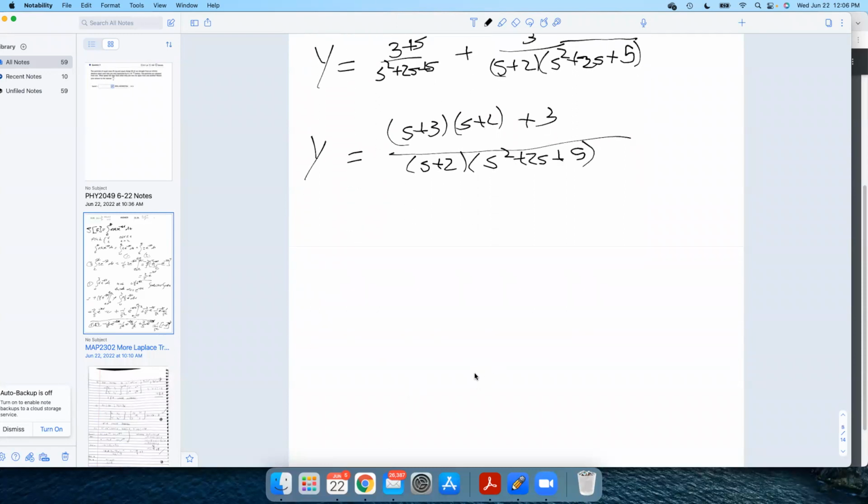Okay, I guess we can go ahead and clean that up on top there. We're going to get an S squared. We're going to get a 5S, 2S plus 3S, so a 5S. Yay, we got another 5 in the problem. Plus 6, plus 3 more, so plus 9.